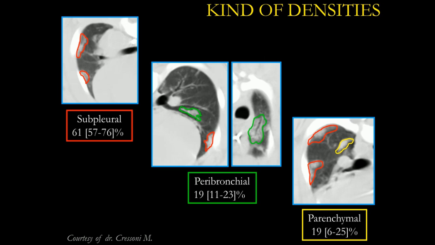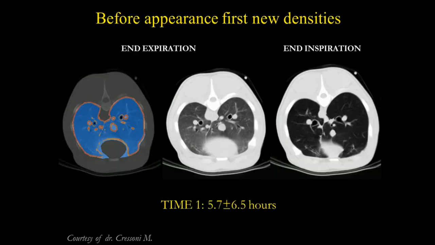Anyway, what we found is that starting with the ventilation, for almost 6 hours, nothing happened. This big standard deviation is due to the fact that, if I have time, we'll explain later. But you see, here is a perfect and normal pig's end expiration and end inspiration.